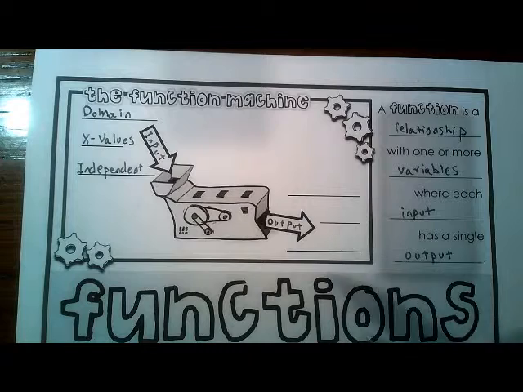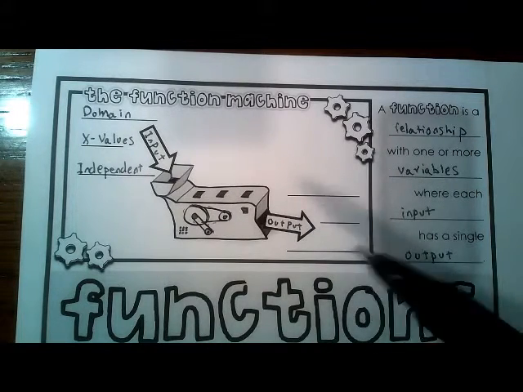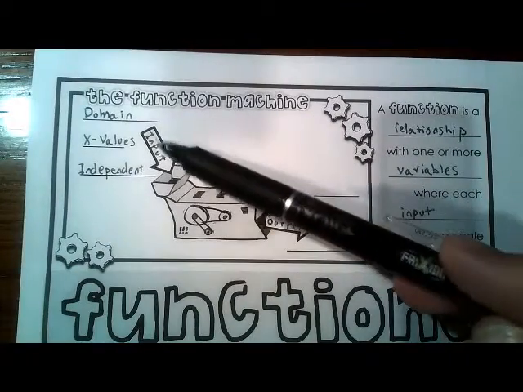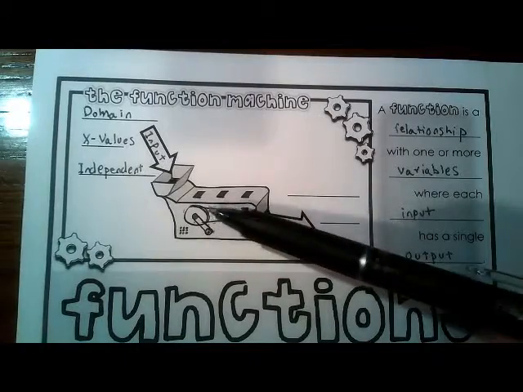Whenever I think of function machines, I start to think of that Dr. Seuss story, The Sneetches, where half of them had stars and half of them didn't have stars, and they wanted stars so they could be with the Sneetches that had stars. And so they went into this big machine, and the machine gave them a star.